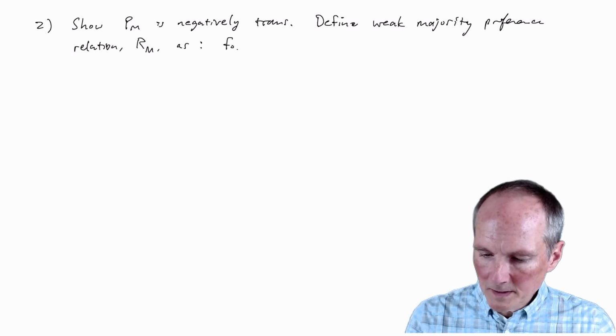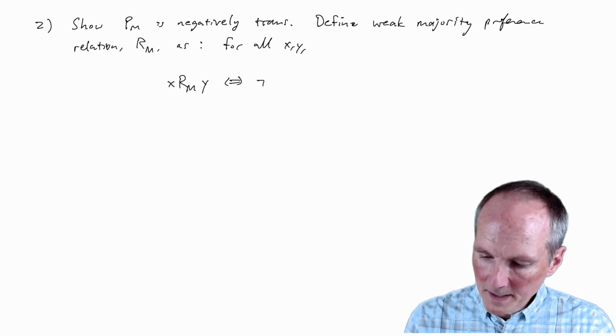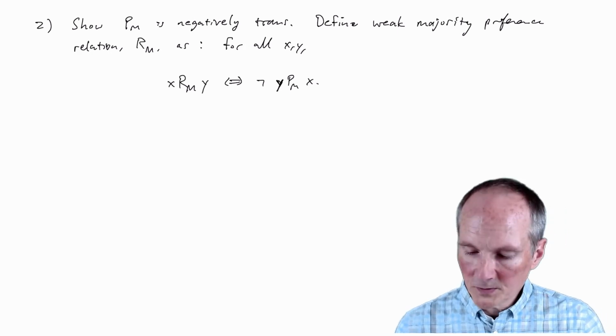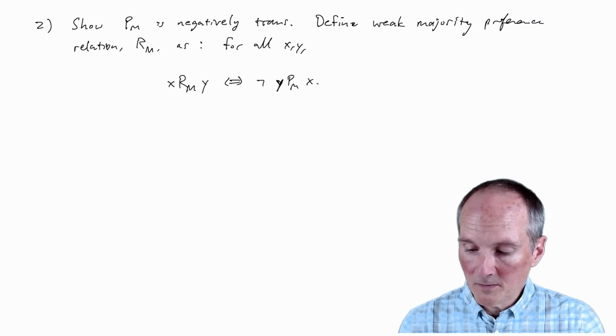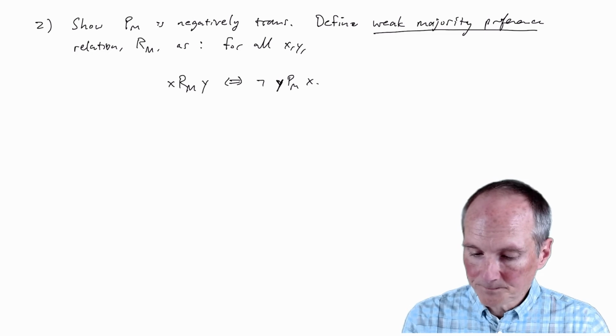For any x and y, x is weakly majority preferred to y if and only if it's not the case that y is strictly majority preferred to x. It's just the same convention that we've used in the basic rational choice model. This is just how we talk about a weak preference relation.